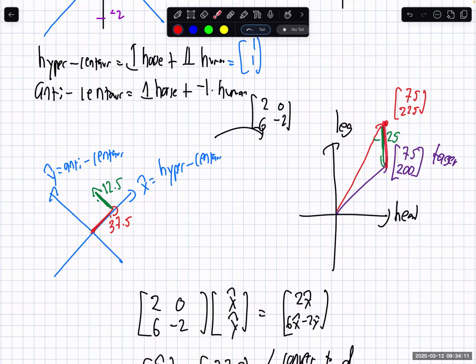And then we did the correction. We needed to drop straight down. We already had the head count dialed in. So we knew when we moved in the y direction, that's just moving down here.